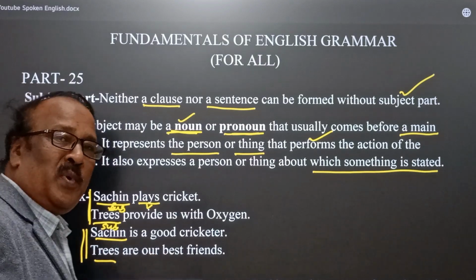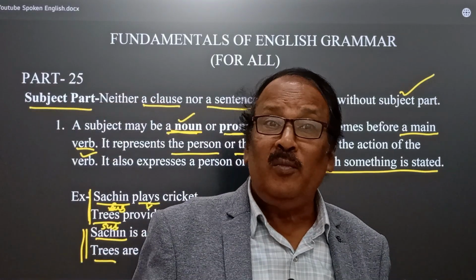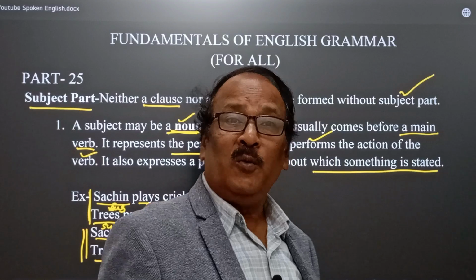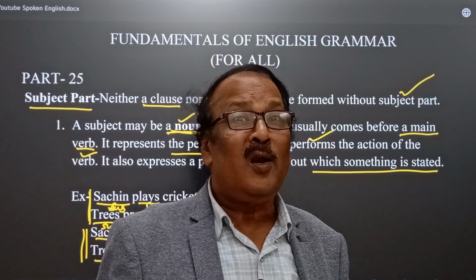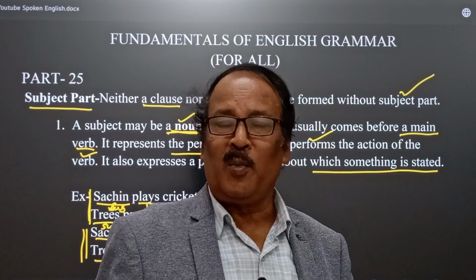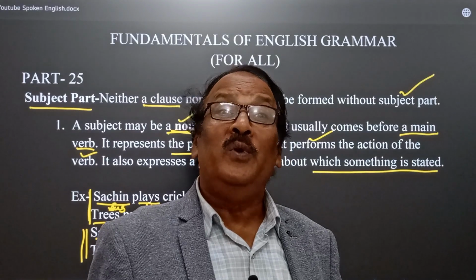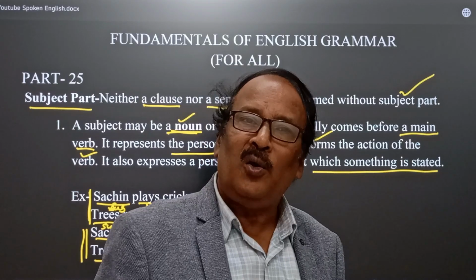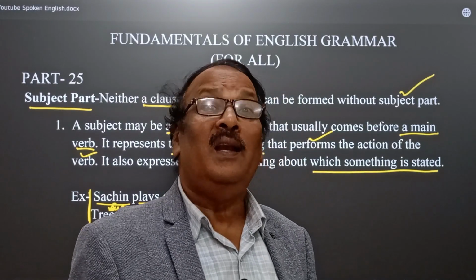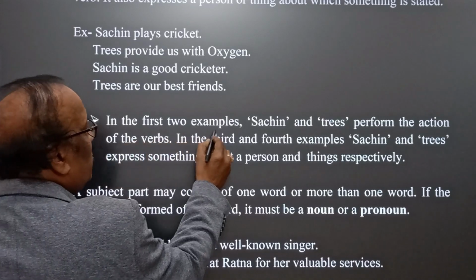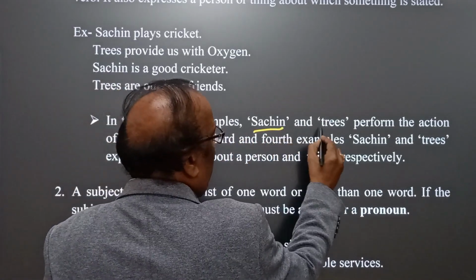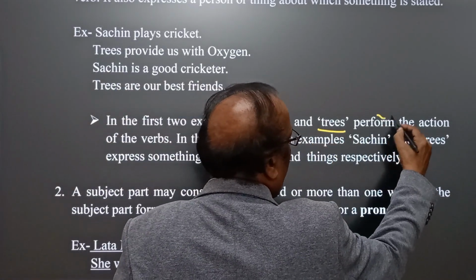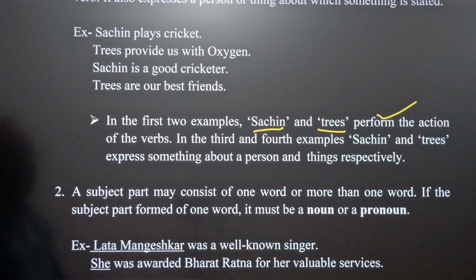Okay, but again, another two sentences: Sachin is a good cricketer and trees are our best friends. Here, in the last two sentences, we find that they are not performing any action. We are expressing something about them. Therefore, they are also treated as a subject. Let's see how. In the first two examples, Sachin and trees perform actions of the verb.